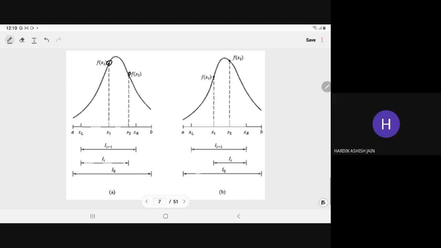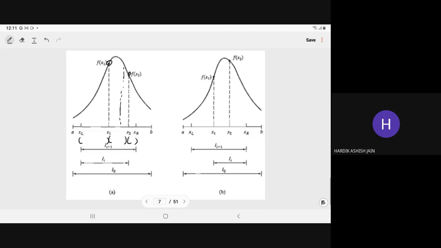If you take this interval, there is no optimal point. If you take this interval, there is no optimal point. If you take this interval, in this figure it has the optimum point. By chance, if x1 is on this side, again you miss the optimal point. If you take x1 to x2 as the next iteration, here also f(x1) is greater than f(x2), so you can miss the optimal point.